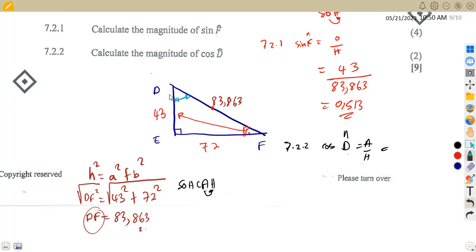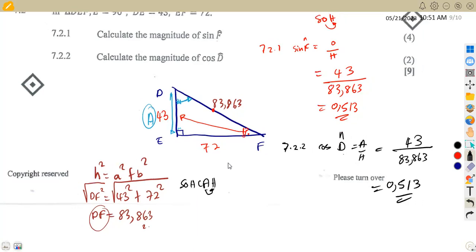This becomes the adjacent, the side that is sitting together with 90 degrees. So this becomes our adjacent, which is 43. So we're going to have 43 over the hypotenuse, and our hypotenuse is 83,863 and so forth. So this is going to be 0,513. So these two are actually the same.